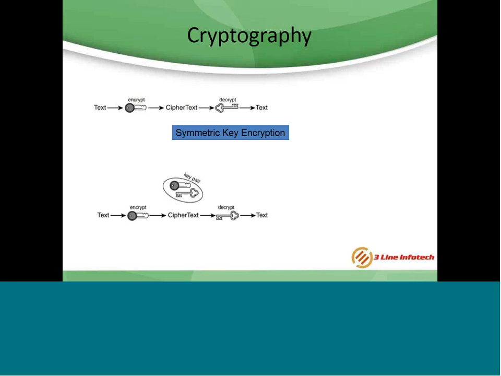If you see this flow diagram, you can see two things here: symmetric key encryption and asymmetric key encryption. Cryptography contains keys and certificates. My scenario is that instead of sending a plain message to the server, I will take the incoming request and apply some key to it. I encrypt that particular message and send it to the server.